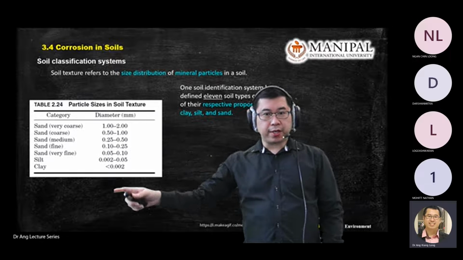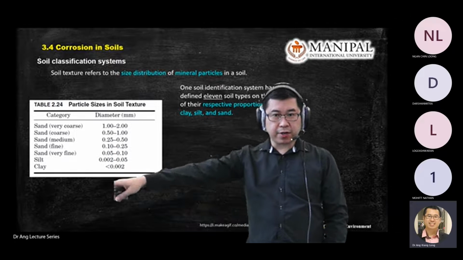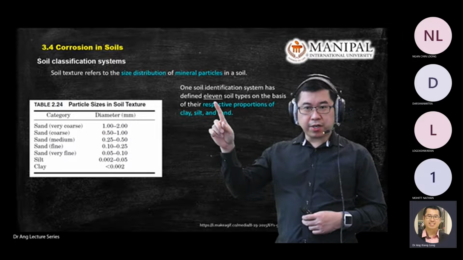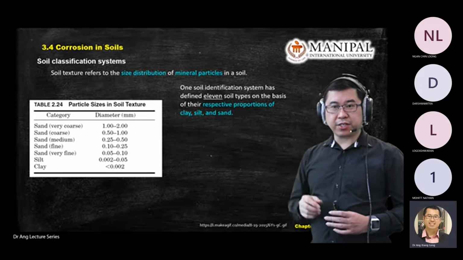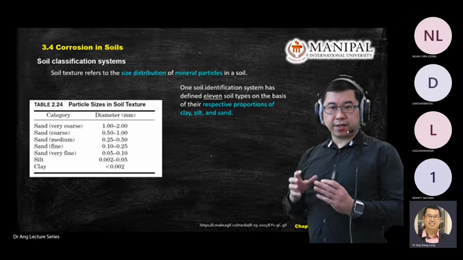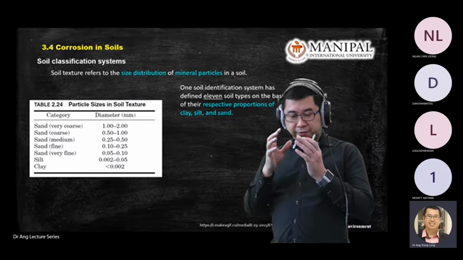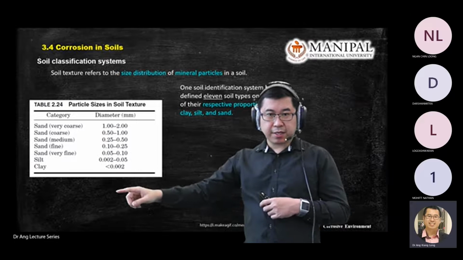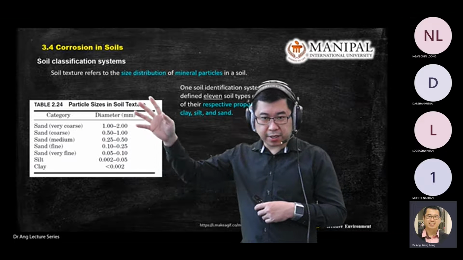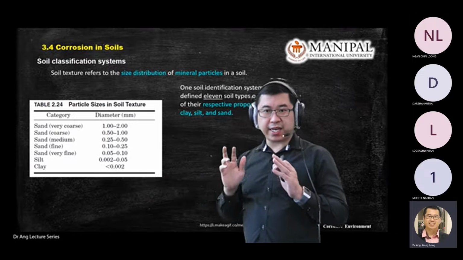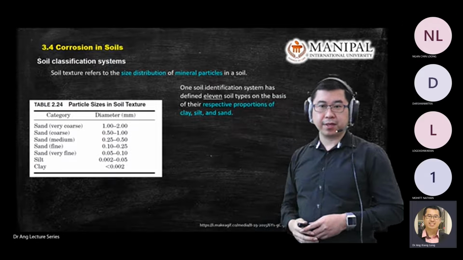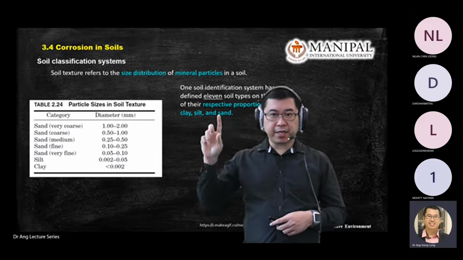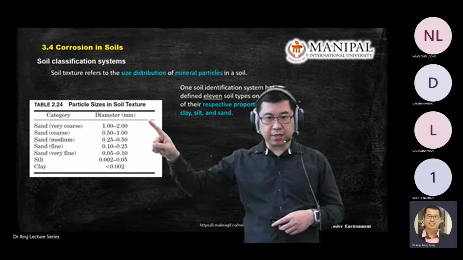Based on soil, this is the category. Based on soil, there's one soil identification system. It can further divide the soil type into 11 types of soil, by comparing three main components inside this table.